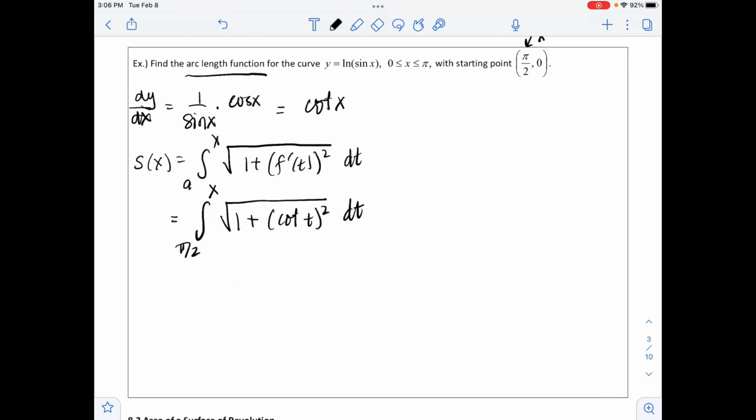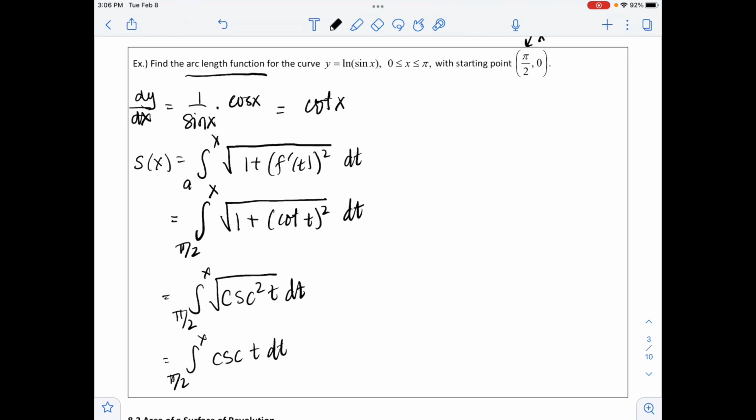So 1 plus cotangent squared t. We can rewrite that using our Pythagorean identities as cosecant squared t dt. And the square root of cosecant squared t is just going to equal cosecant of t dt.